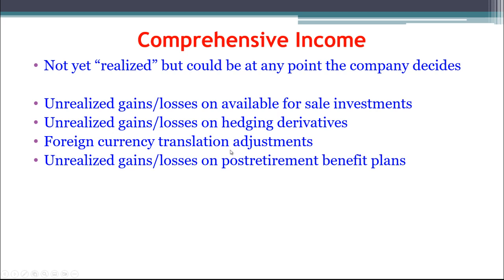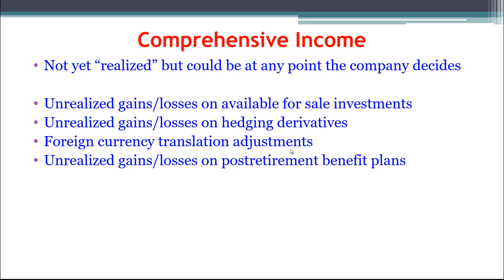Foreign currency translation adjustments. Think about a large company that has subsidiaries all around the world. Those subsidiaries in those foreign countries likely hold a substantial amount of their local country's currency because they need it to operate in that country. It makes sense.